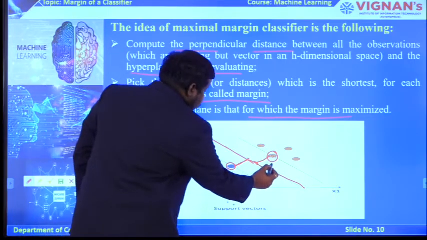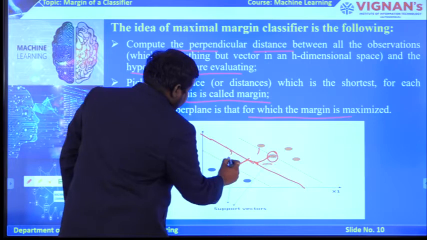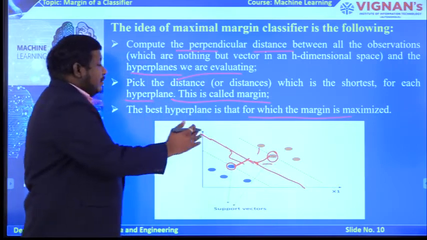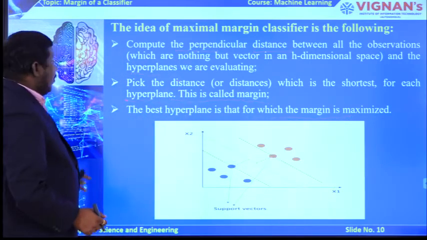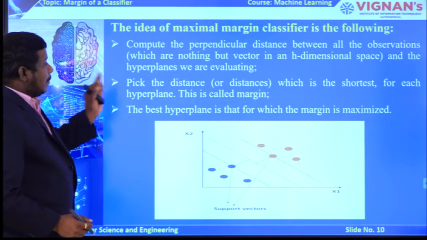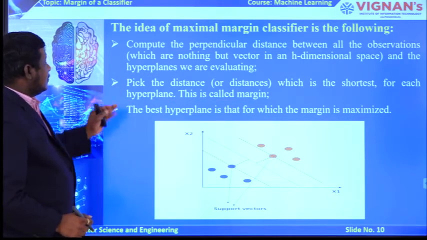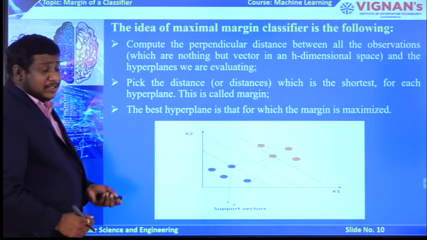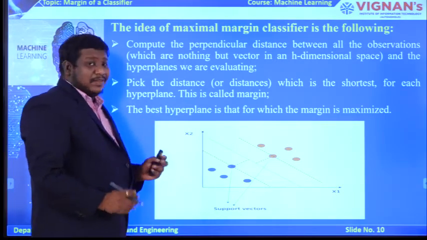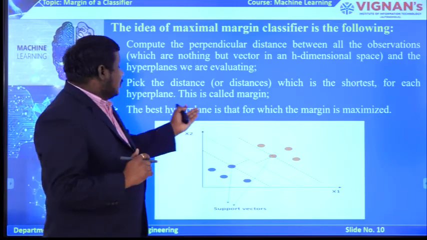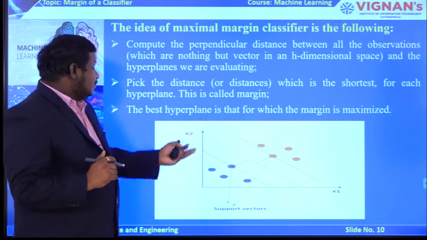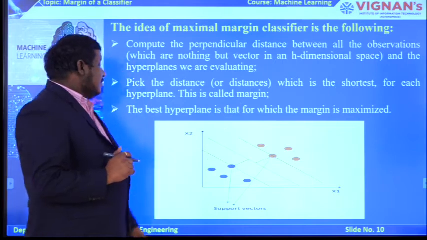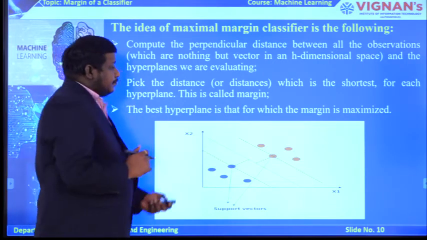These two, 1 and 2, are the support vectors, which have the maximum distance between the variables. So we are calculating the perpendicular distance between the observations and the hyperplanes we are evaluating, picking the shortest distance for each hyperplane. This is called the margin value. The best hyperplane is the one for which the margin is maximized.